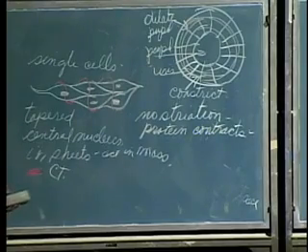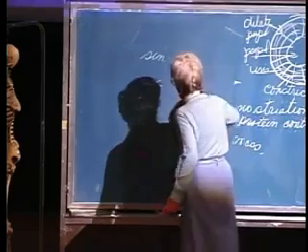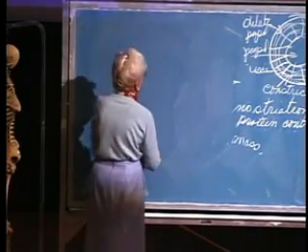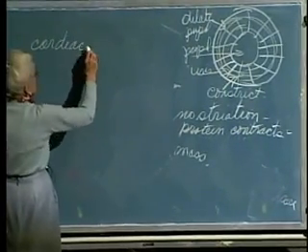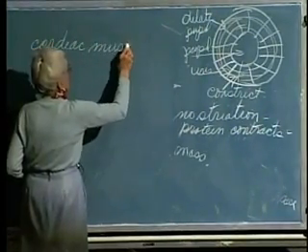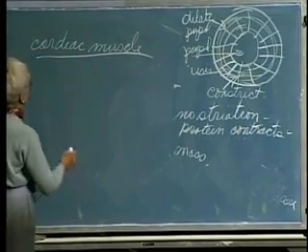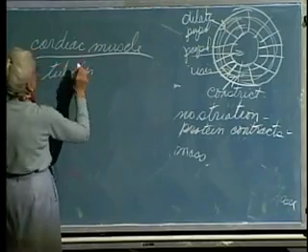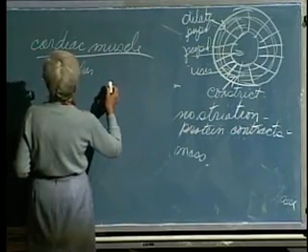So now we need to devise another type of muscle. So let's look at our cardiac muscle and see how it differs from smooth muscle. It's going to differ in that we're going to have tubular cells, not the tapering kind we saw in smooth muscle.